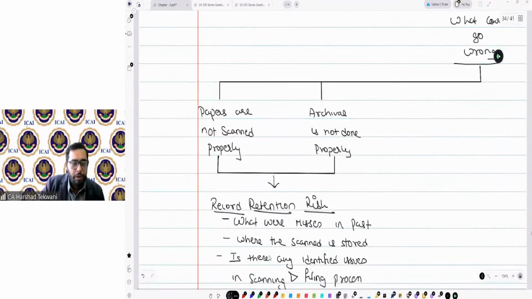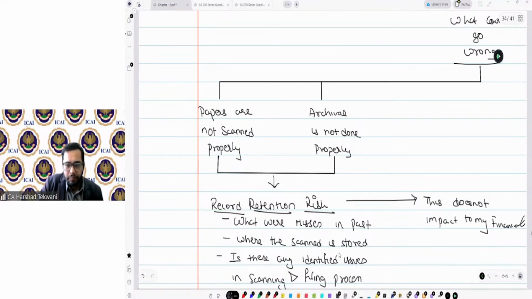Reason being, this does not impact my financials. Record retention risk is there, I agree, but is it impacting my financials? The answer is no.